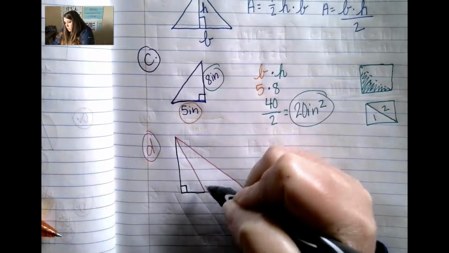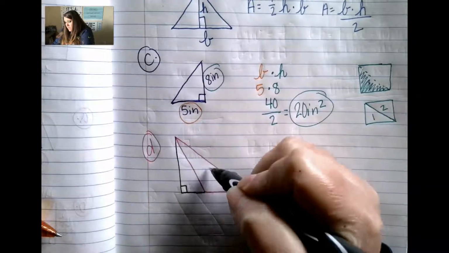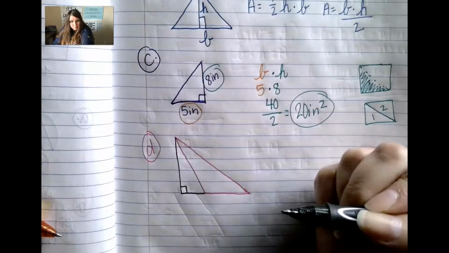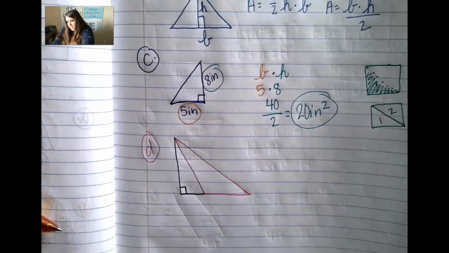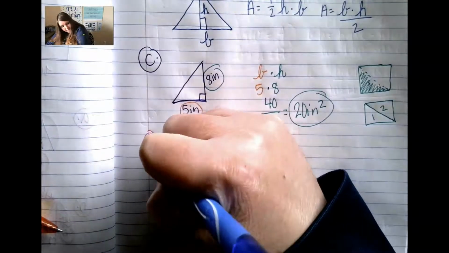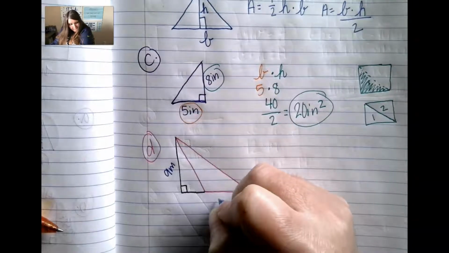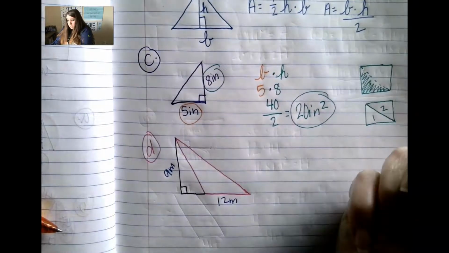So if I were to cut off part of this and shift it over here, this is where my right angle would be. They say that this part is 9 meters and that the base is still 12 meters.